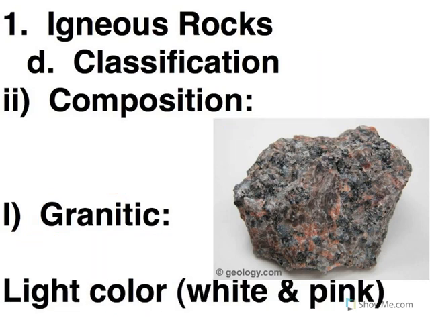So because it does not have a lot of metal, we get lighter colors, whites and pinks. So here in the granite you see a lot of pink. Often you'll see a lot of white as well in granitic rocks and in granite in particular. So granitic, you're looking at lighter colors, not much metals present.